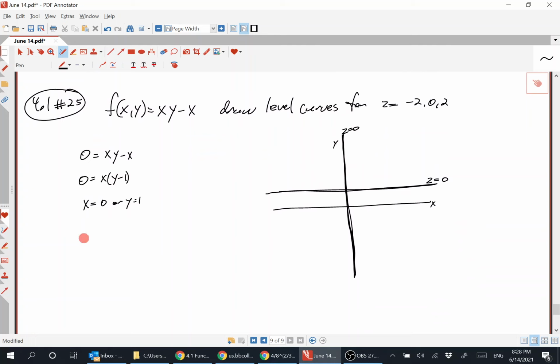Let's try 2 and negative 2. So at 2 equal to z, we've got 2 is equal to x times y minus 1. Different ways we can look at this. Y is equal to 2 over x plus 1. So y equal to 2 over x, that's this curve here. And we're adding 1 to it, so it goes above this line here.